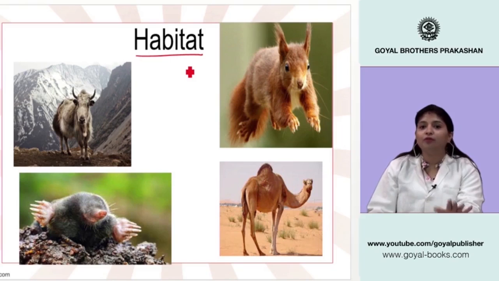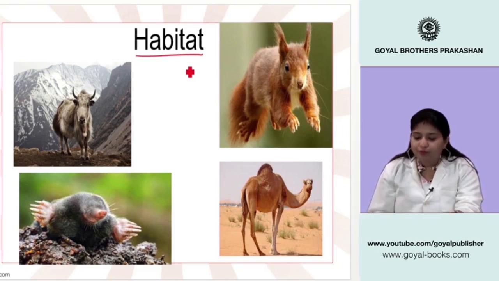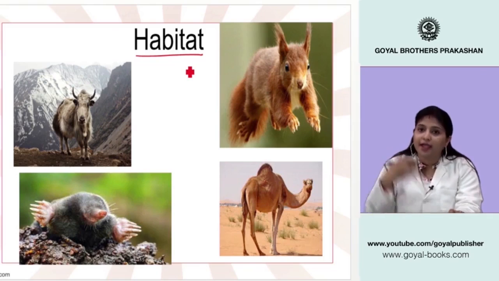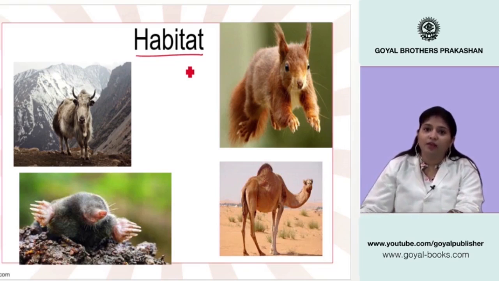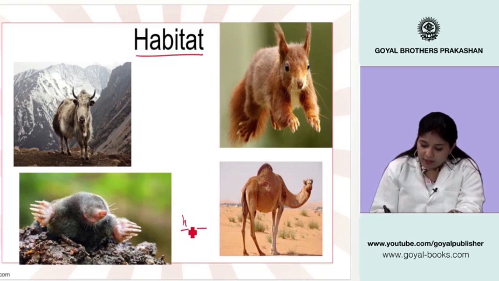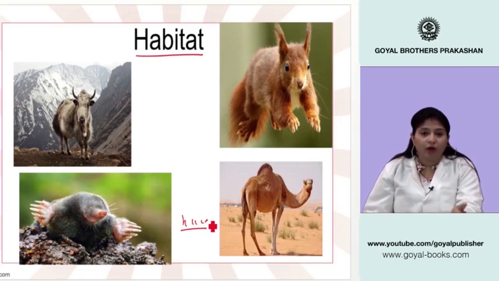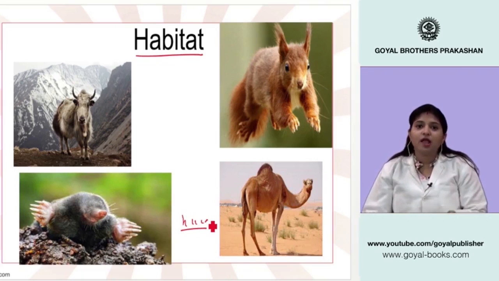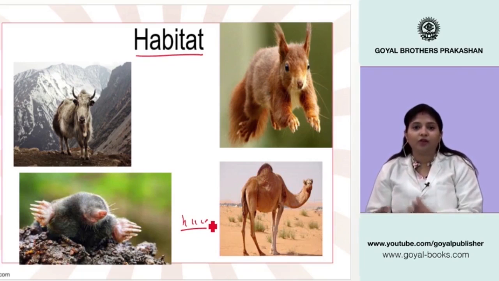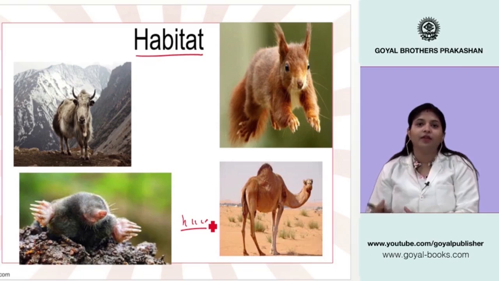They will be found in the forest where there is an ample amount of trees, and that's how we know a giraffe has adapted itself to stay in the forest. Because of the long neck, it can feed from the trees, whereas the deer, for that matter, stays in the grassland where it feeds on the grass which is present on the ground. So we see how animals have different kinds of adaptations according to their habitat, according to the area where they are living.